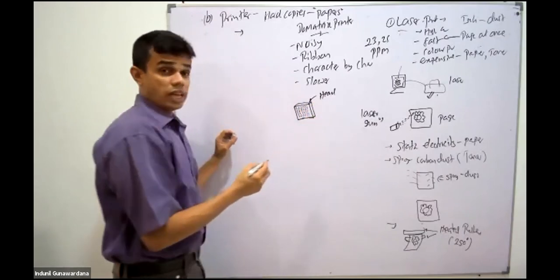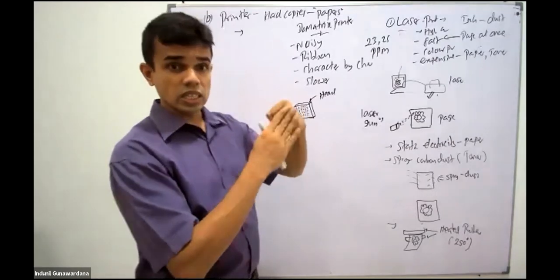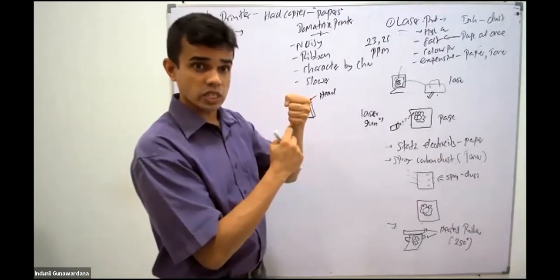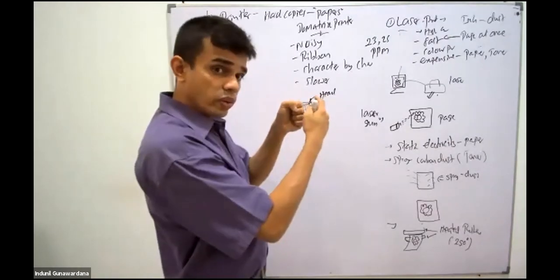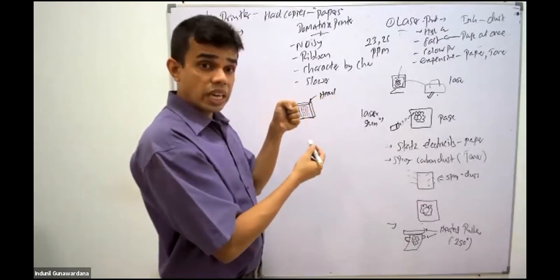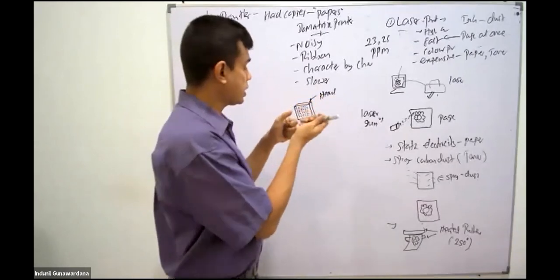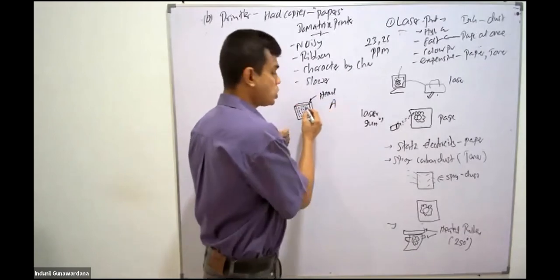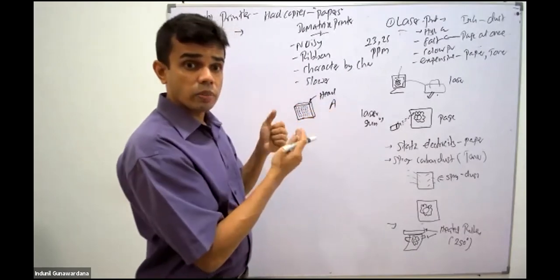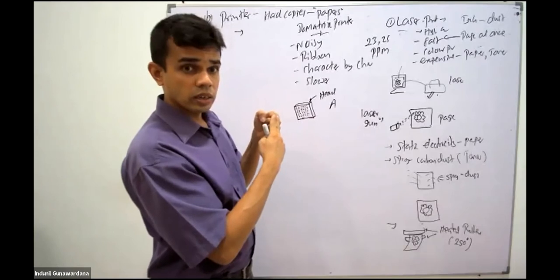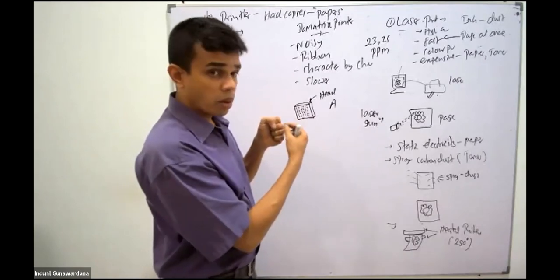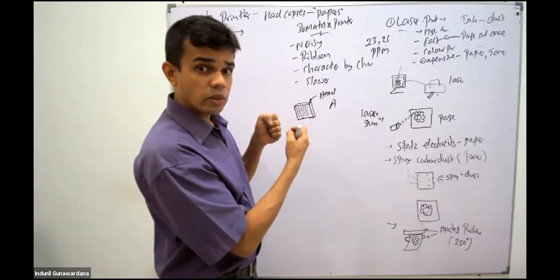Now, this is the print head, the surface where the pins are arranged. If you go to the side view here, if the letter A, character A, is to be printed, the pins to make the letter A come out from the head. Some pins are coming out where it makes the letter A.